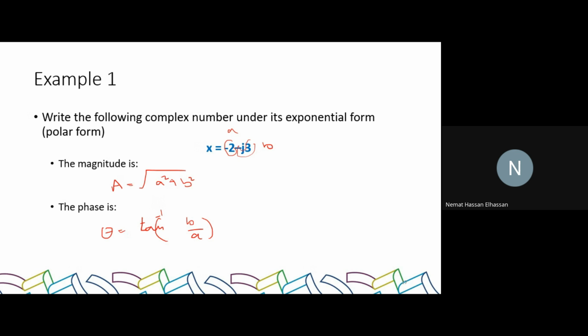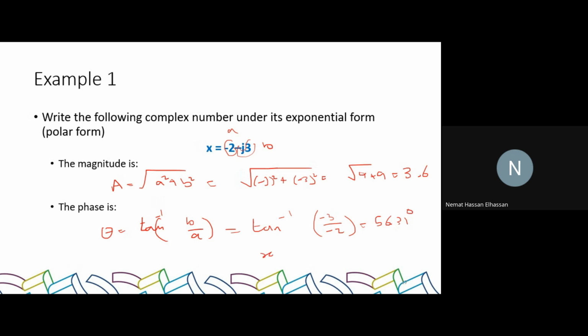So this is equal to what? Square root of minus 2 squared plus minus 3 squared, which is square root of 4 plus 9, which is 3.6. And this is tan inverse of minus 3 over minus 2, which is 56.31 degrees.